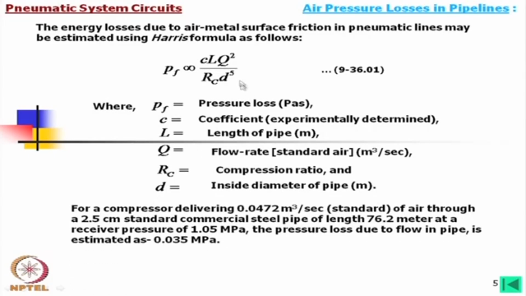Now, this C is to be determined considering the type of pipes, the type of conduits we are using. Usually in a pneumatic system, the main pipeline is of metal, that is not a flexible one, and metal means again it is steel.